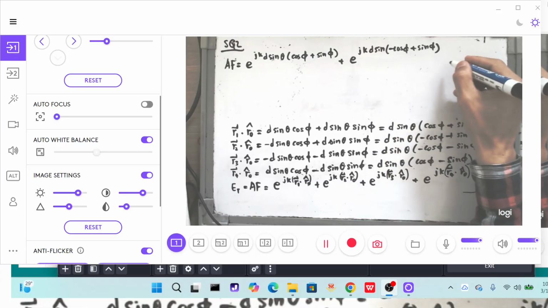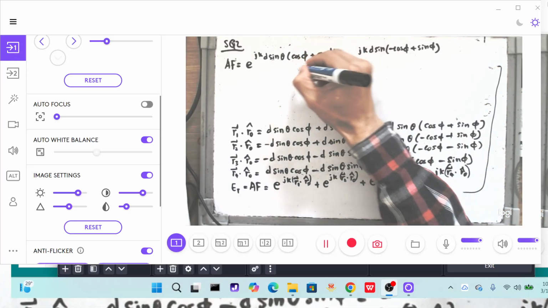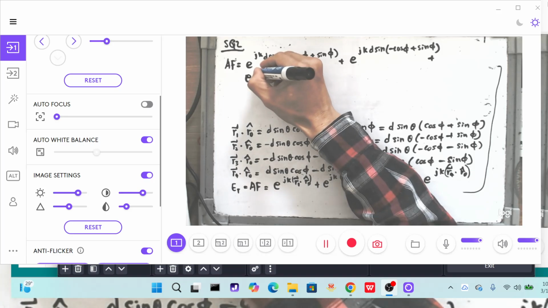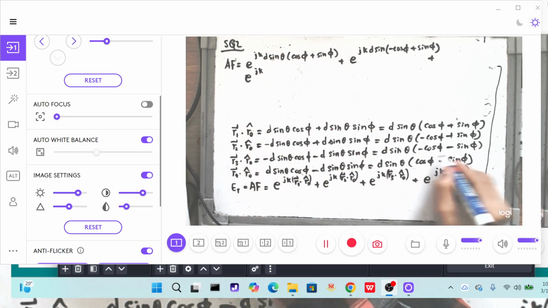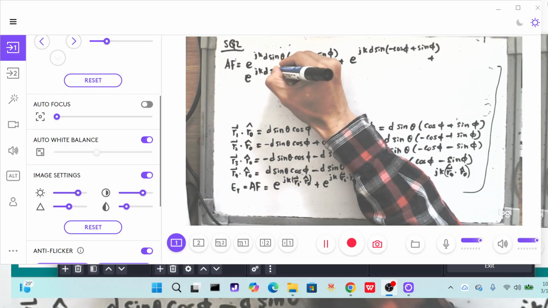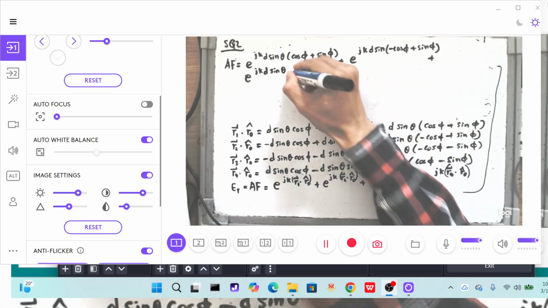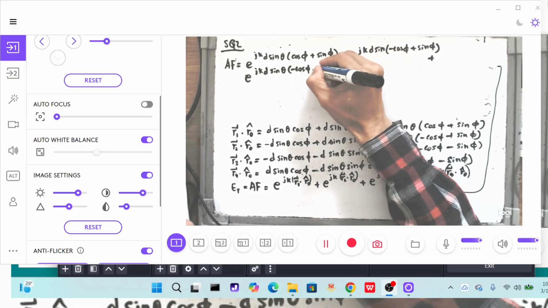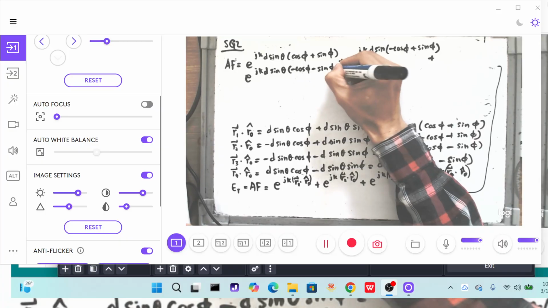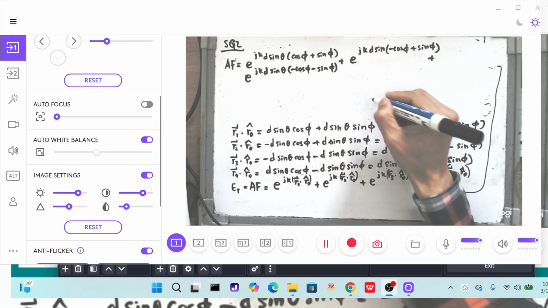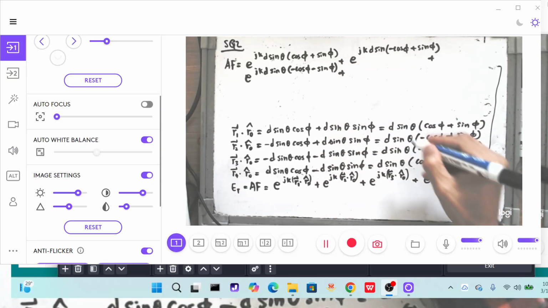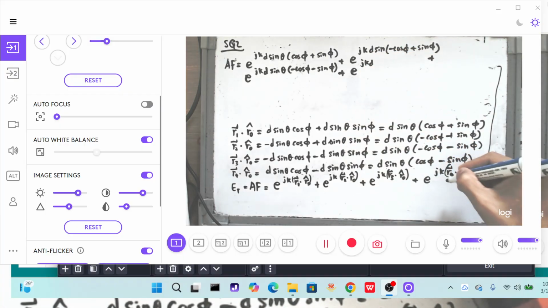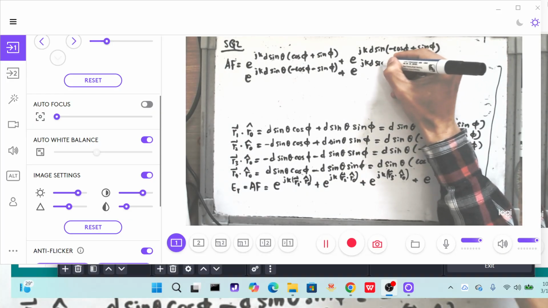Okay, and I'm going to write down the remaining two terms as well. E to the power of J K, and then this one, D sine theta, and then plus sine.